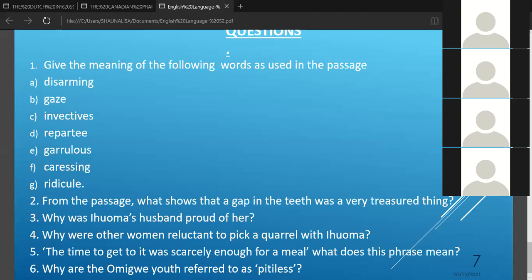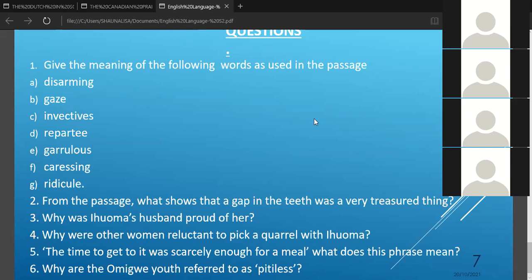Invectives means insulting, abusive, or highly critical language. And in the passage, they say she was not good at invectives, meaning she was not that kind of person who insults others, abuses them or criticizes them. Okay, thank you. Welcome.